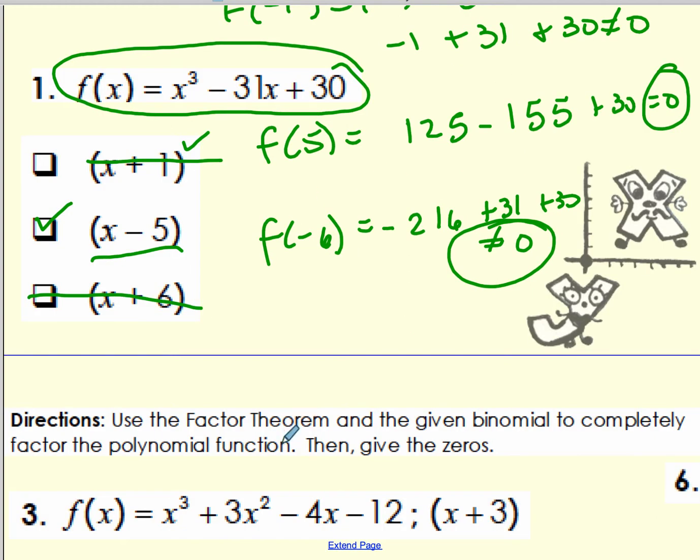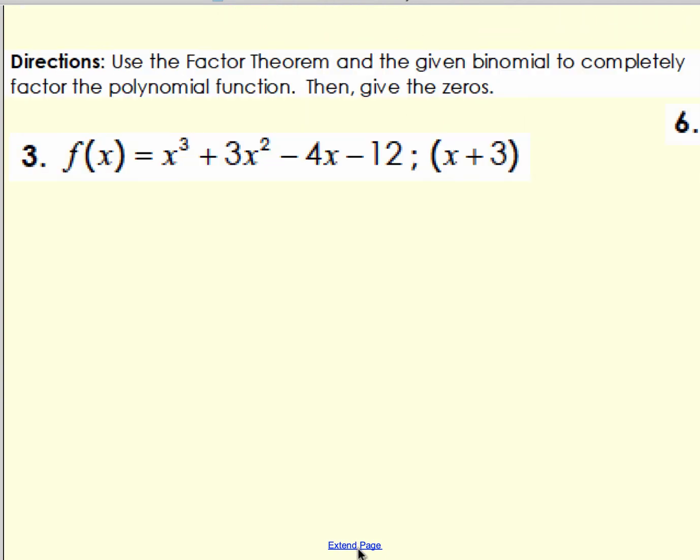So now we're going to use the factor theorem to factor a polynomial completely. Using the factor theorem, I want to factor this entire polynomial. Now I know I can actually factor it, but let's pretend it's not factorable for a moment.